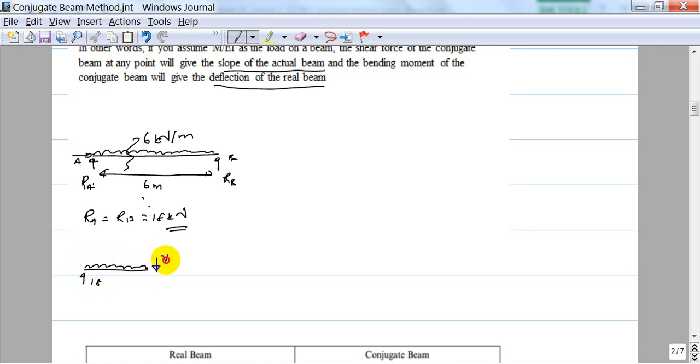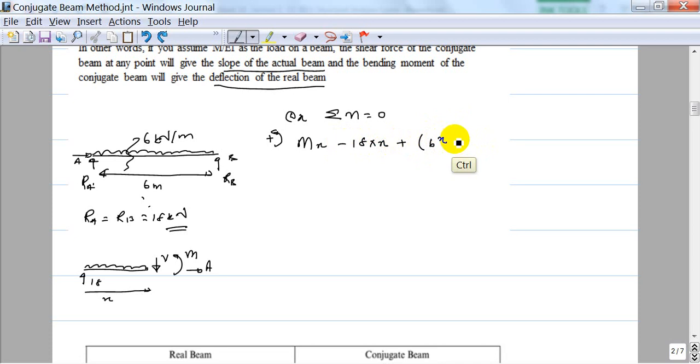If I mark this shear force, bending moment, and axial force, Mx, then if you sum all the moments at x to be 0, with clockwise positive, Mx minus 18 into x plus 6x into x by 2 is equal to 0. 6x is the load, as it is 6 kilonewton per meter, acting on this small portion, and its effect is at x by 2.